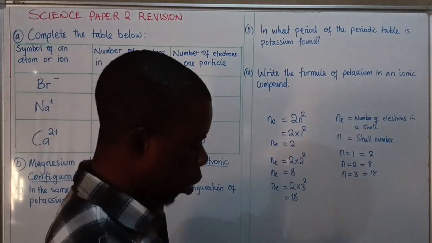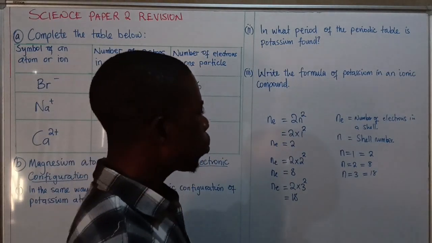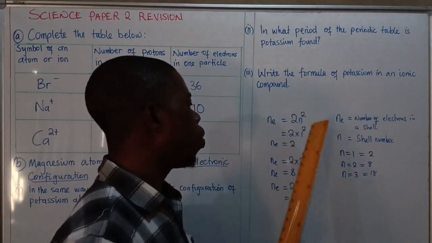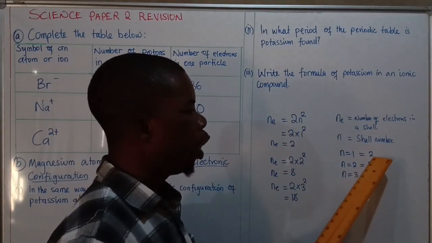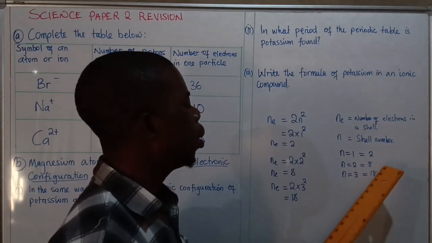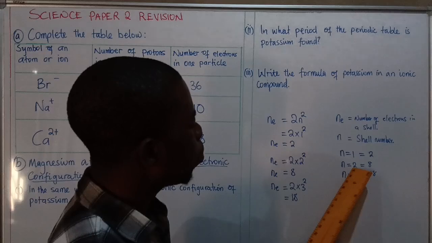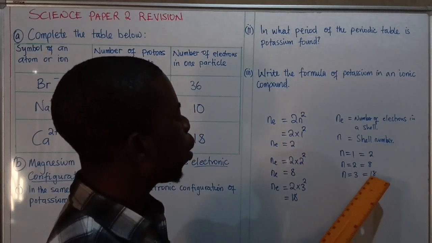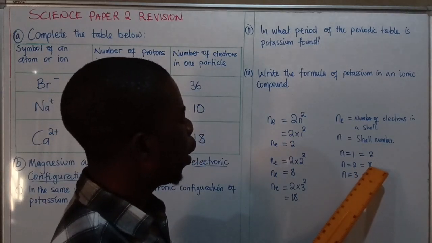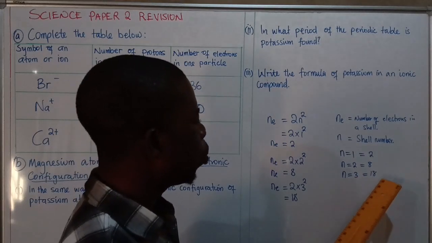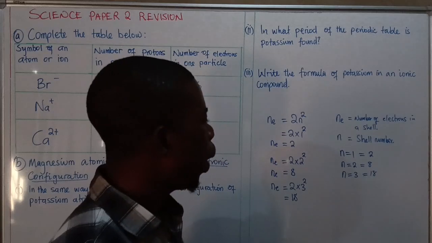Now, this is the maximum number. So shell number 1, according to the formula, can accommodate a maximum of 2 electrons. Shell number 2 can accommodate a maximum of 8. Shell number 3 can accommodate a maximum of 18.